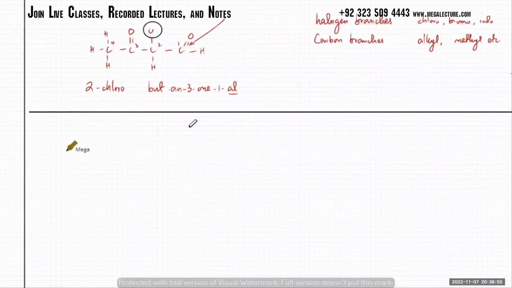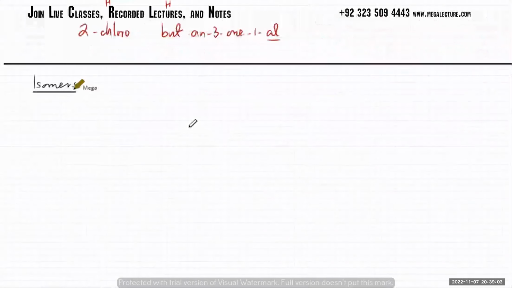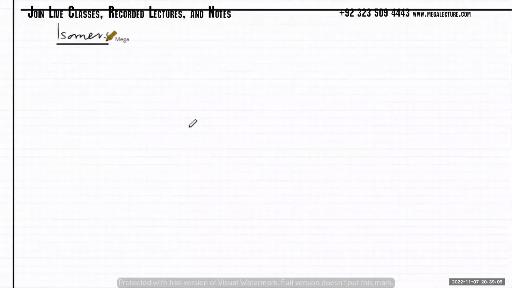For example, the first thing that you're going to figure out about a molecule is the number of atoms in it. You figure out the number of carbon atoms very accurately.